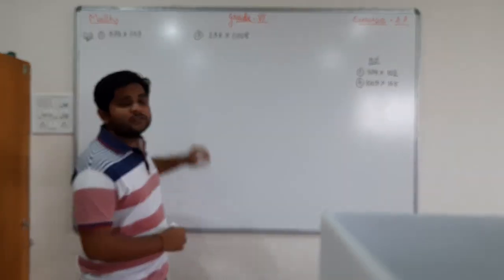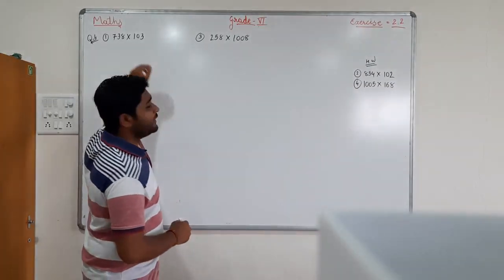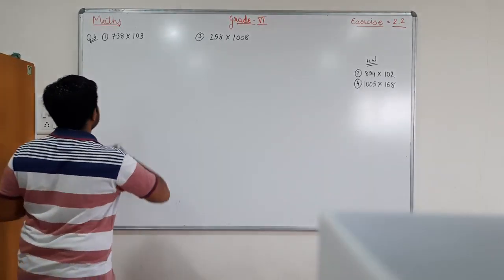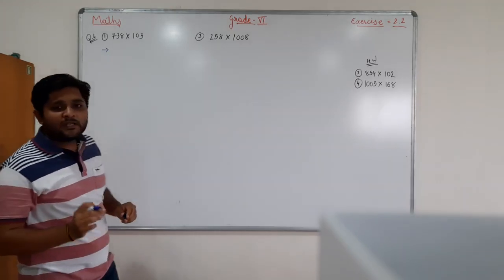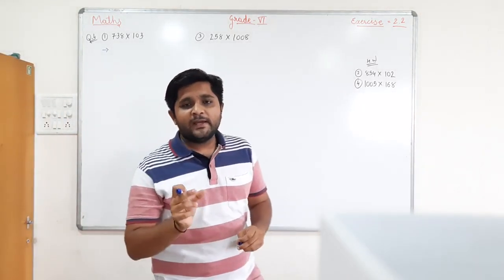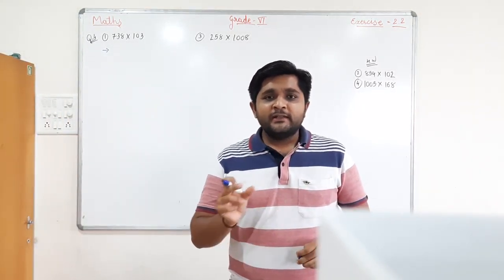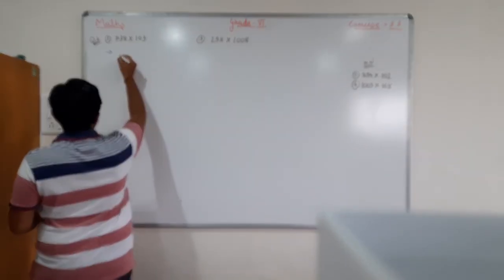So our first sum is 738 multiplied by 103. Here, if we want to use a property, in place of 103 we have to write 100 plus 3.